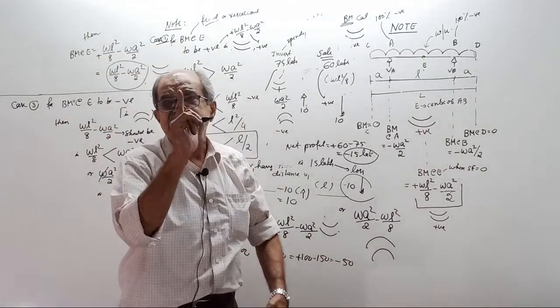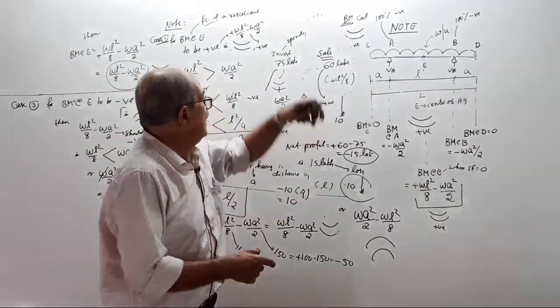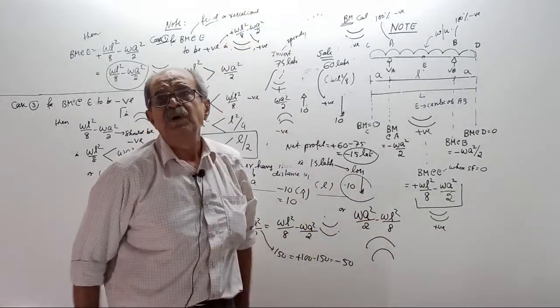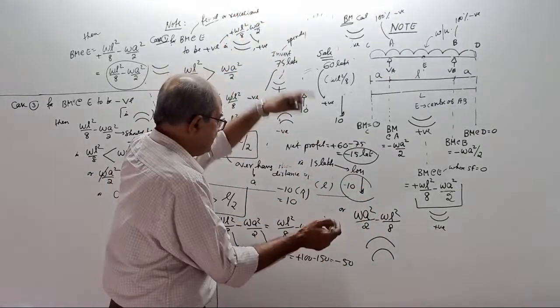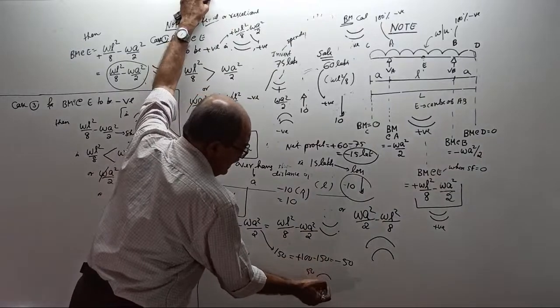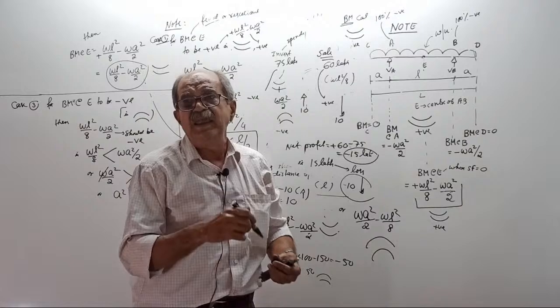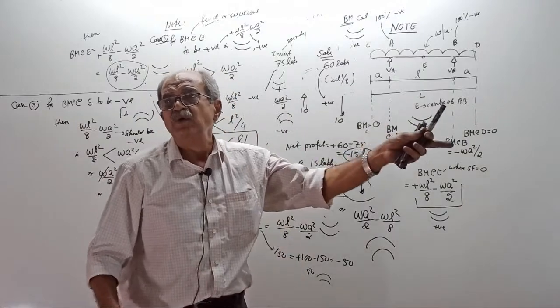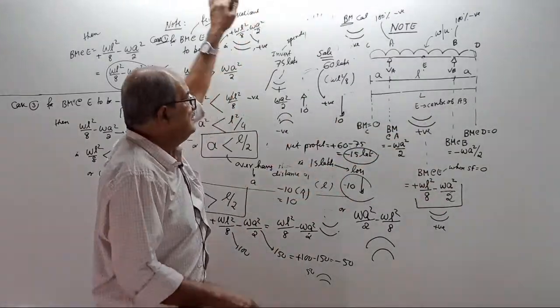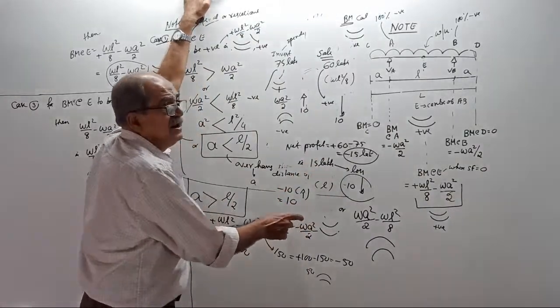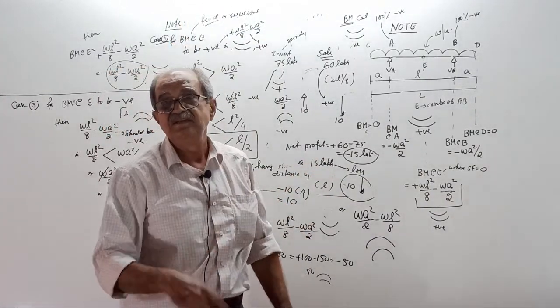Minus 50 is sagging, not hogging. It is a sagging bending moment of minus 50. Or you can tell 50 hogging, or WA square by 2 minus WL square by 8. You take the higher value minus the lesser value, then the nature becomes the higher value's nature, hogging.